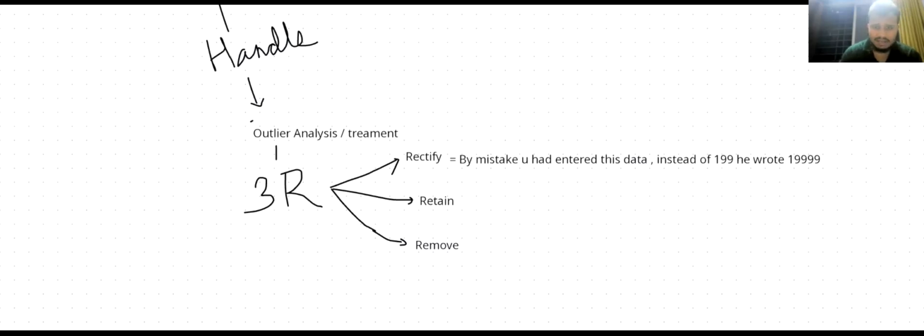And the second thing is retain. Retain means the data is genuine. For example, you are predicting some sales, and the sales department has done that.